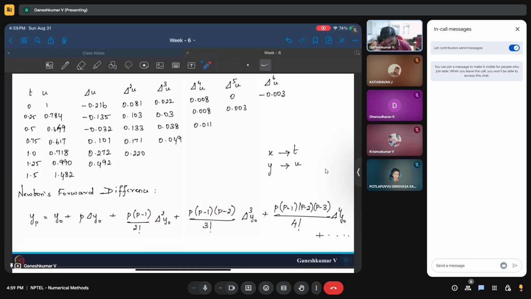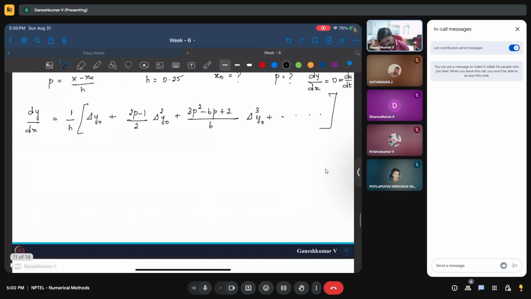What we said is the acceleration is going to be 0 somewhere between 0.5 and 0.75, we don't know where exactly. But if you use forward difference with 0.75, then p lies between -1 and 0. If you choose 0.5, your p will lie from 0 to 1, and in that case you need to use backward difference. So that's why here we are going to take x naught to be 0.75.